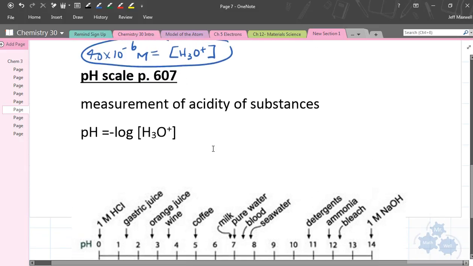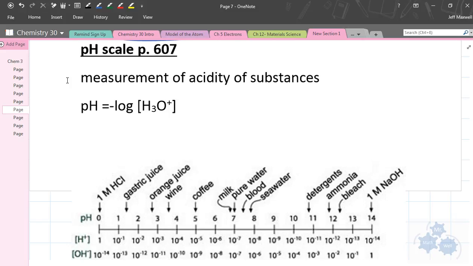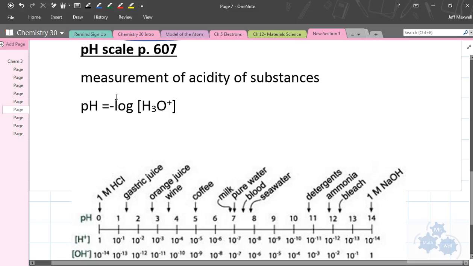Where do these numbers come from? Hopefully you've talked about the pH scale before in other science classes, maybe math. Sort of, not really. That's fairly sad. But anyways, pH is the measurement of acidity of substances, and this is where the numbers come from on the pH scale, 1 to 14. Basically, we're talking about the concentration of hydronium ion, or H+.